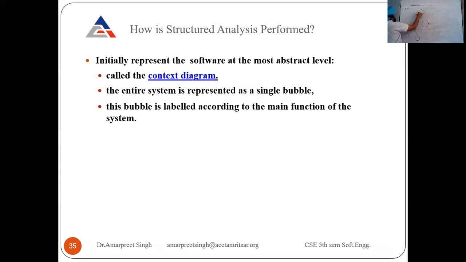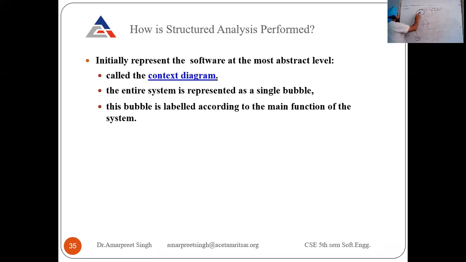This is A, A1, A2, A11, A12. The first higher level function at the abstract level is known as DFD level 0. Here the name of the function is, suppose, A.